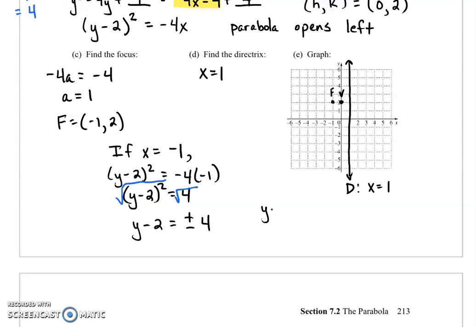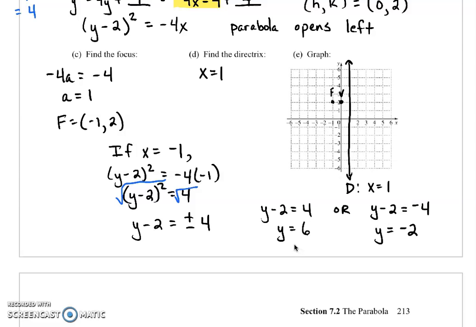So two equations, y minus 2 is 2, or y minus 2 is negative 2, which means y is either 4 or y is 0. So we've got 2 points from that.